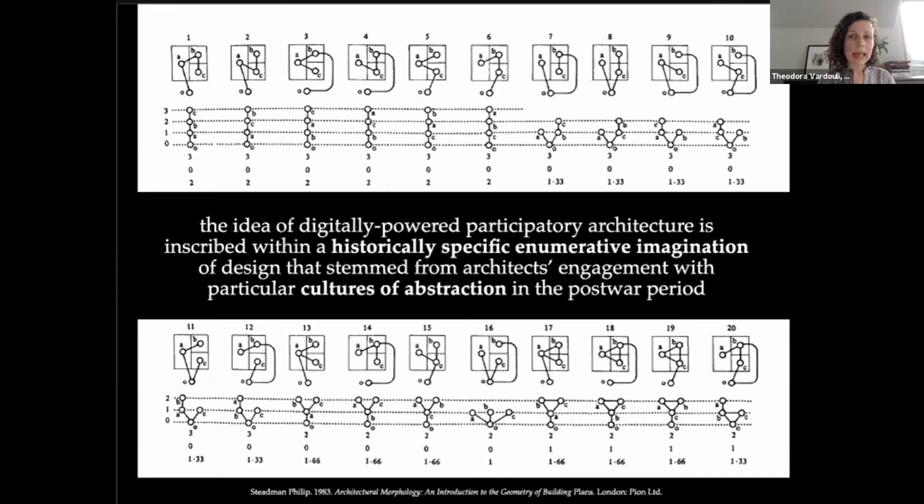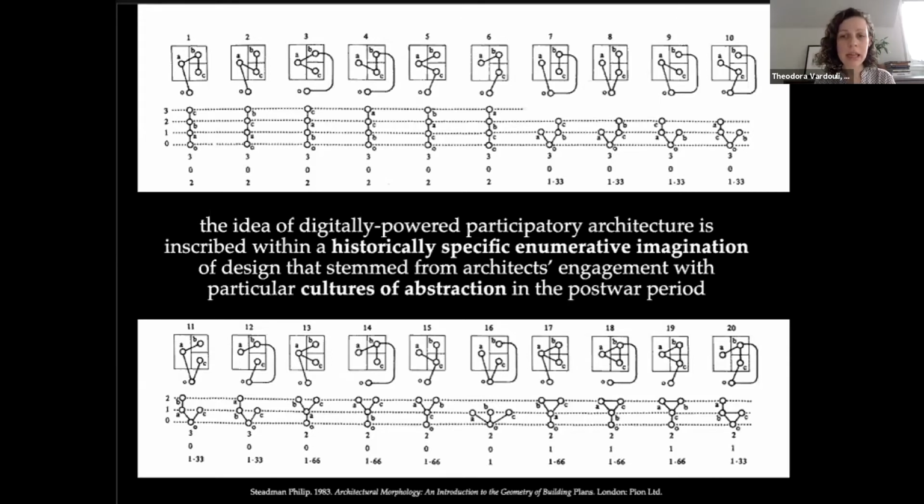I will suggest that the very idea of digitally powered participatory architecture can be inscribed within a historically specific imagination of design that stemmed from architects' engagement with particular cultures of abstraction in the post-war period. And this imagination is an enumerative imagination, an imagination of configuring and counting different types of possibilities and different types of configurations.